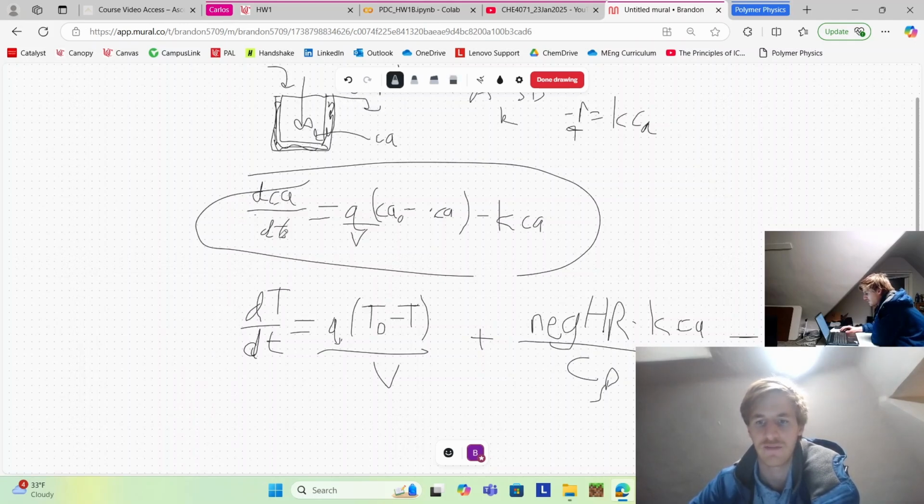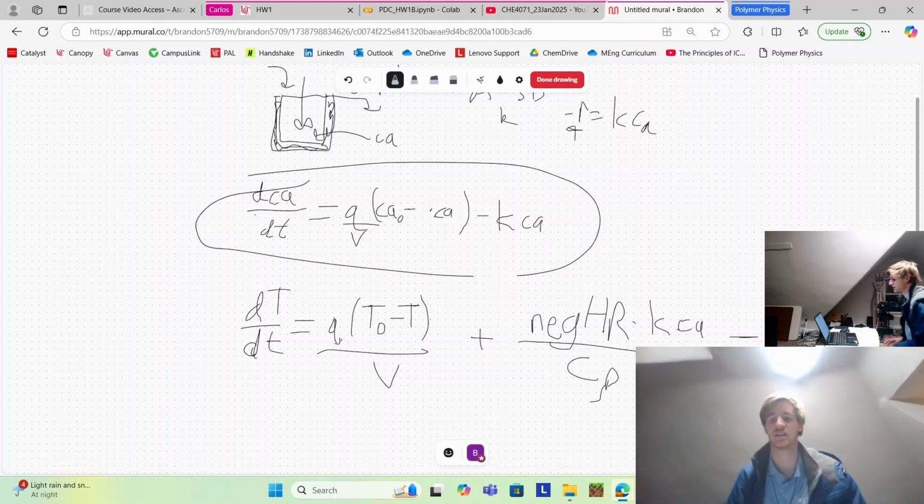So what we end up having is that our change in temperature with respect to time equals our flow rate times the difference in temperature between the flow going in and the tank, all divided by volume, plus the negative heat of reaction times kCA, which is our reaction rate, over heat capacity times rho, and then we subtract our heat transfer coefficient, UA, multiplied by our difference in temperature between the tank and the cooling jacket, and this one is over C rho V, which is heat capacity, density, and volume.